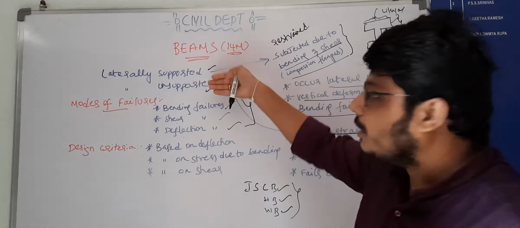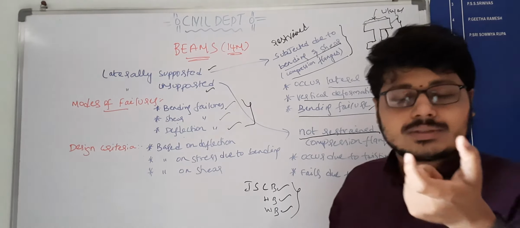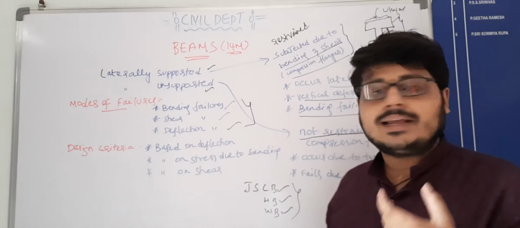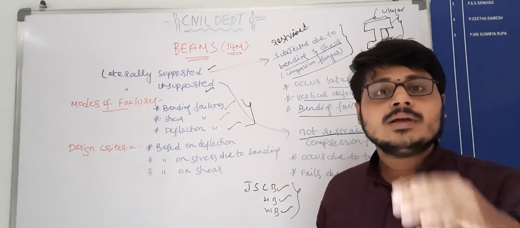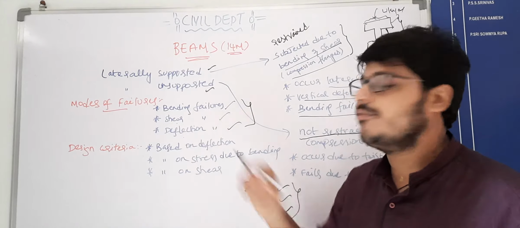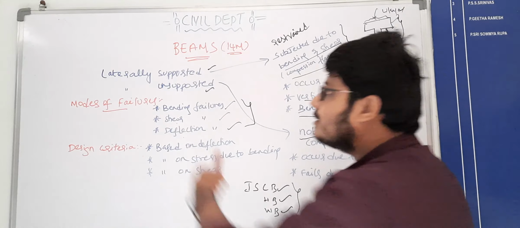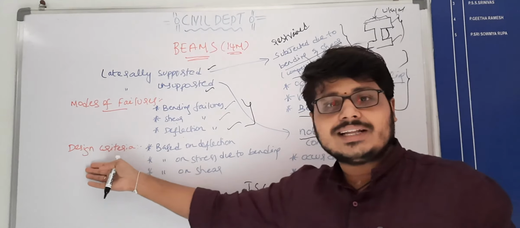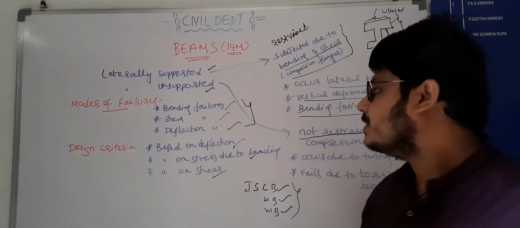If we do a laterally supported or unsupported problem and select a section like ISLB, ISHB or ISWB, it should satisfy all modes of failure, which are bending, shear and deflection. These design beams are based on design criteria: deflection, bending and shear.